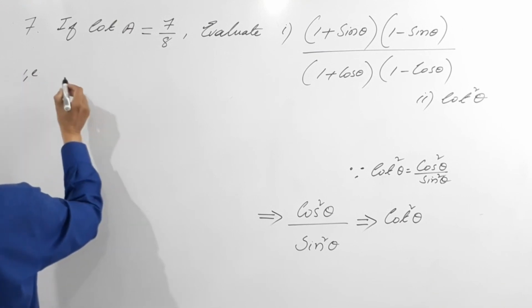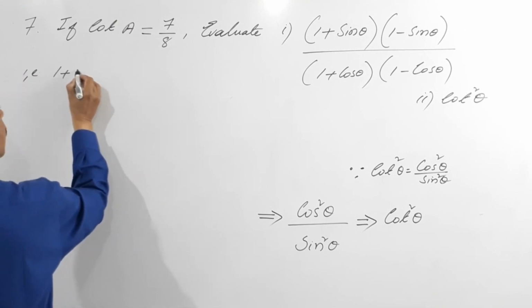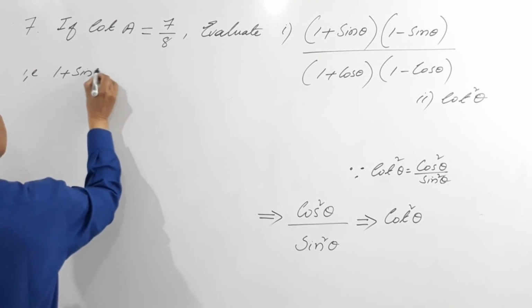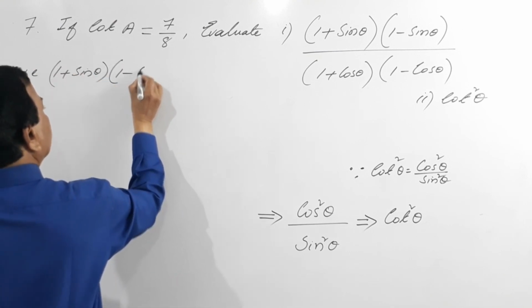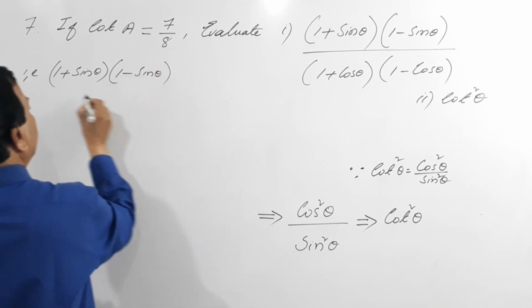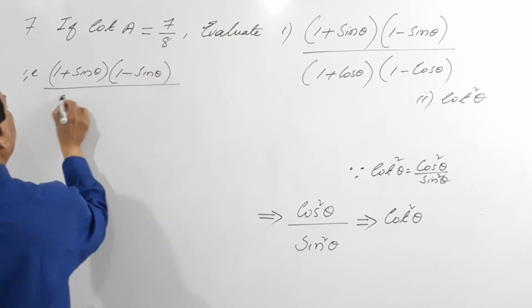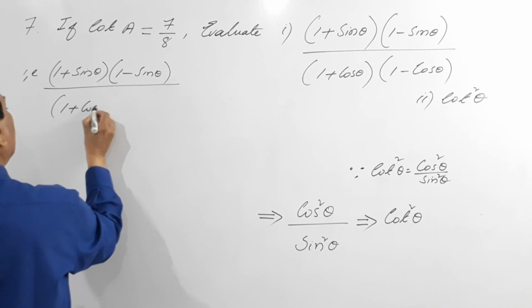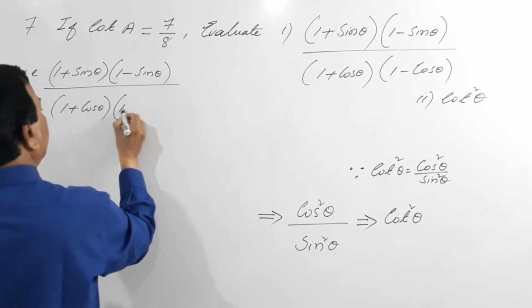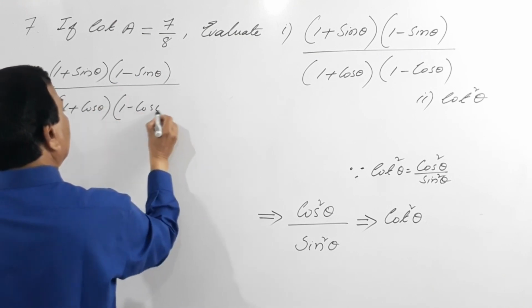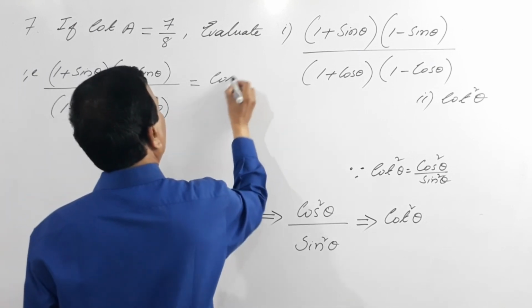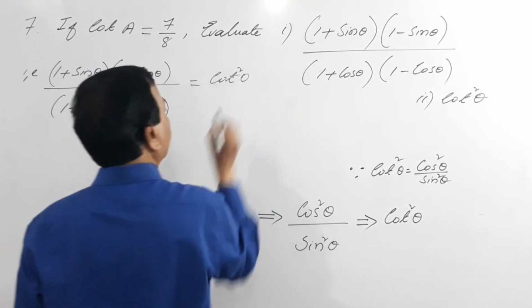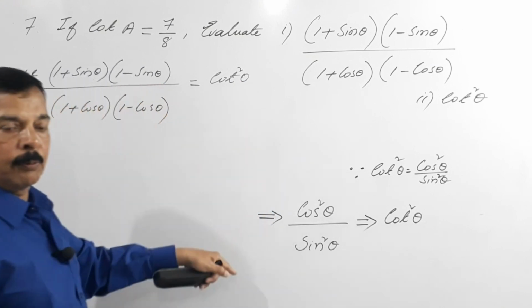That is 1 plus sin theta into 1 minus sin theta divided by 1 plus cos theta into 1 minus cos theta equals what? Nothing but cot square theta, which we have proved.